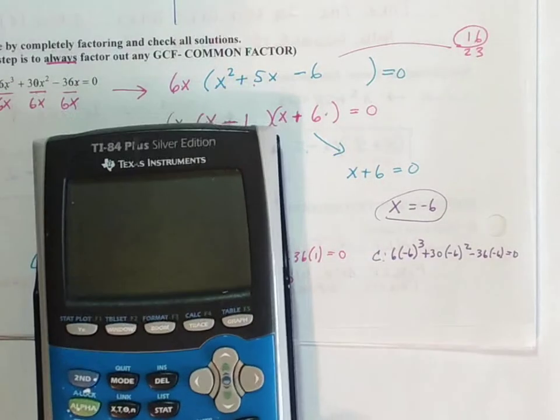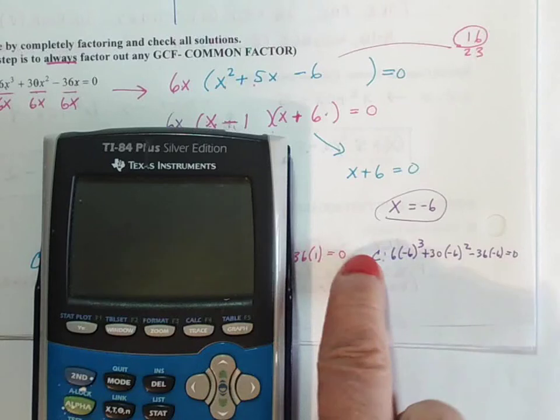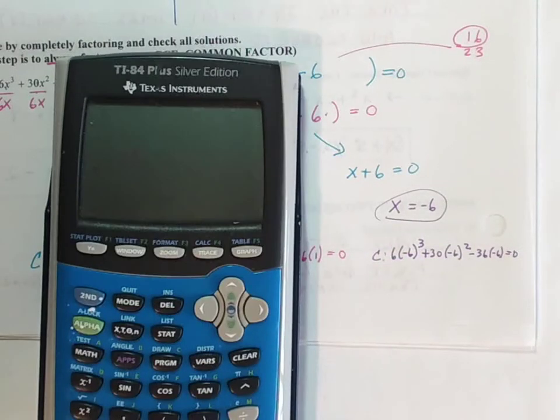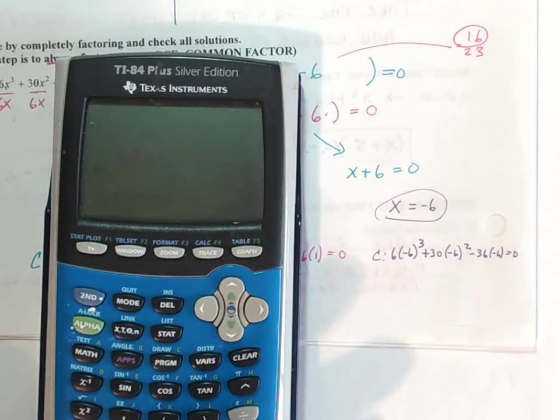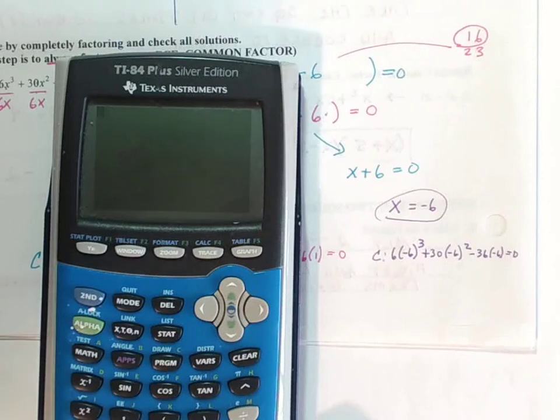Okay, make that a little bit bigger for that one. And I'm going to use my friendly calculator to do this. It's nice that I've written it out, because now I know what to put into the calculator. So I have 6 parentheses, negative 6. Okay, it would help if I turned it on. So here, clear it. 6 parentheses, negative 6. Now this is cubed, so I have to use this caret button, caret 3.